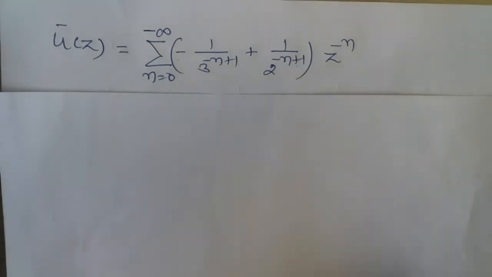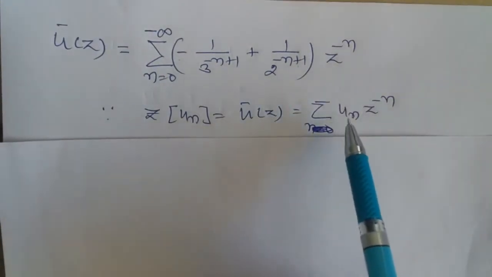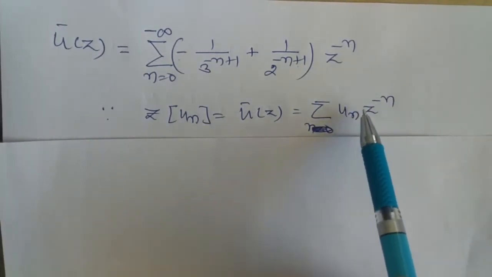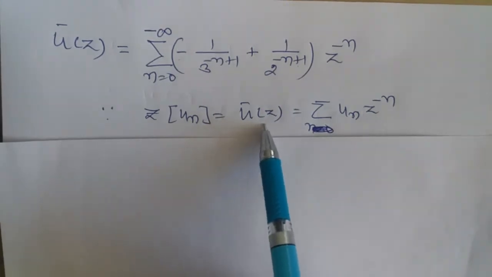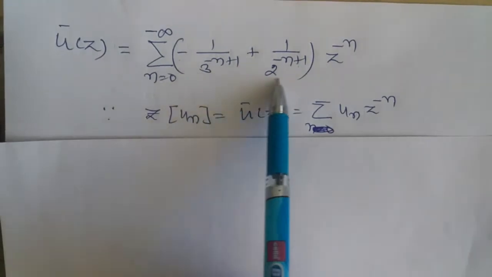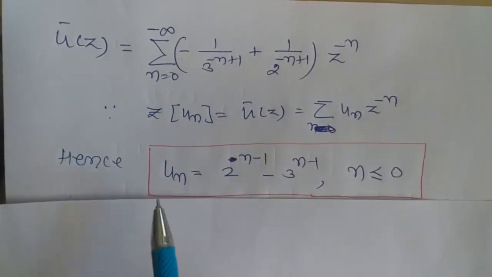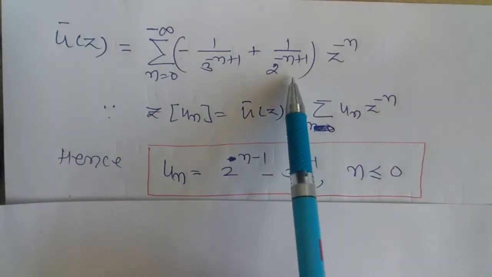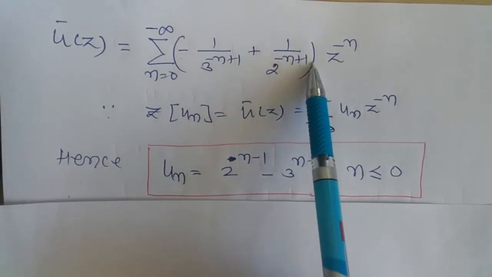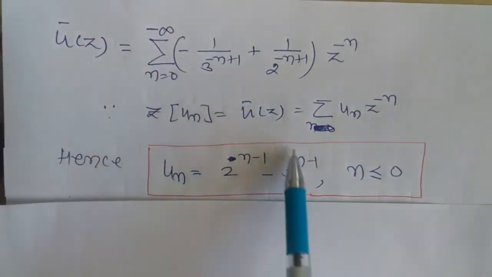Now as we know, the z transform of u n is u bar z, which is summation u n into z power minus n. So u n is what? u n is the inverse z transform of u bar z, and it is the coefficient of z power minus n. So here the coefficient of z power minus n is u n, hence u n equals, writing this in the numerator, we get 2 power n minus 1, and the negative one in the numerator gives 3 power n minus 1.